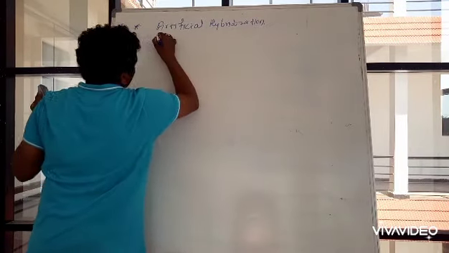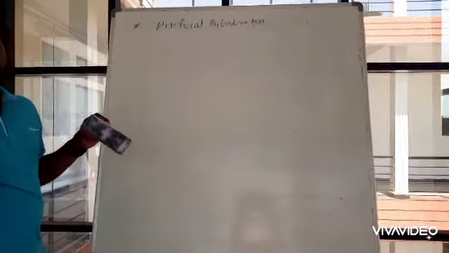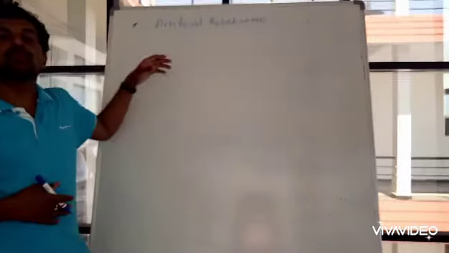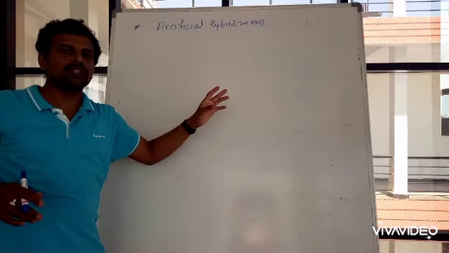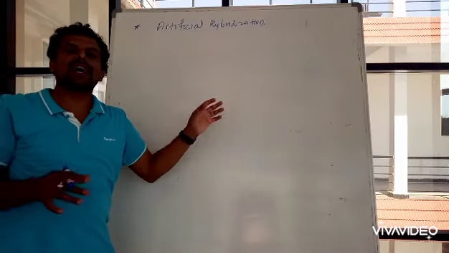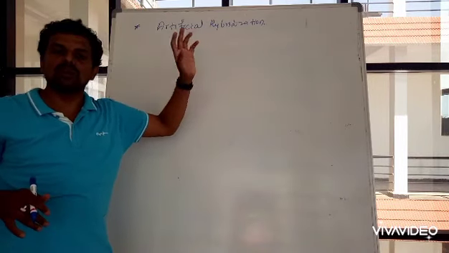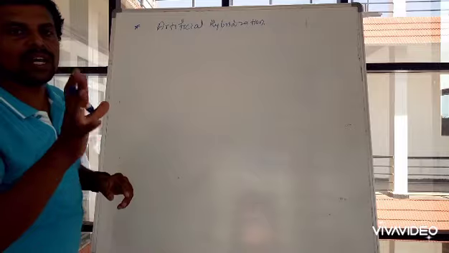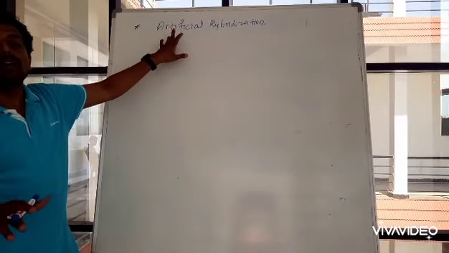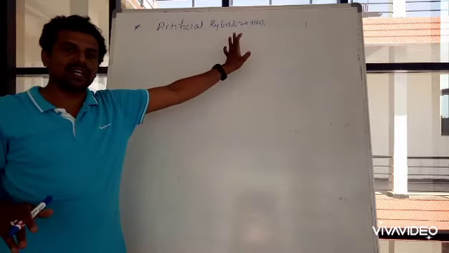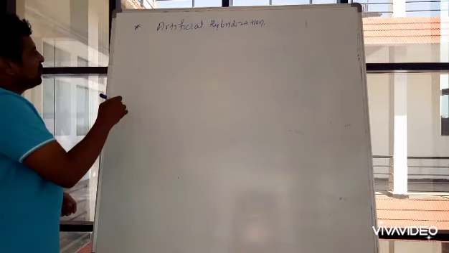To perform artificial hybridization, you should have knowledge of pollen pistil interaction. If you know the various events which occur in pollen pistil interaction, then only you can perform artificial hybridization. I will tell you what artificial hybridization is.